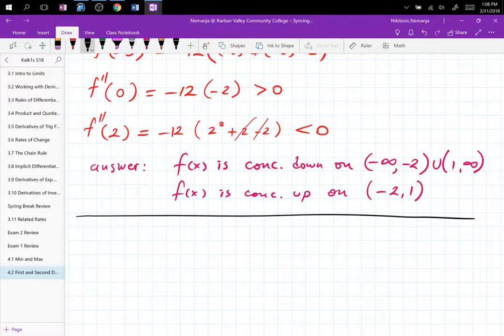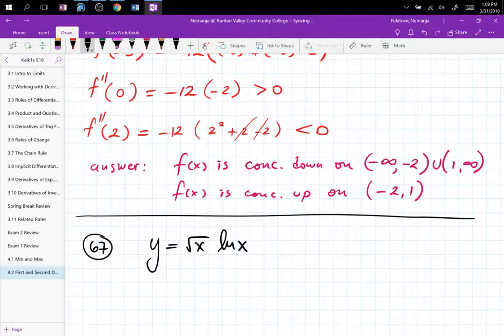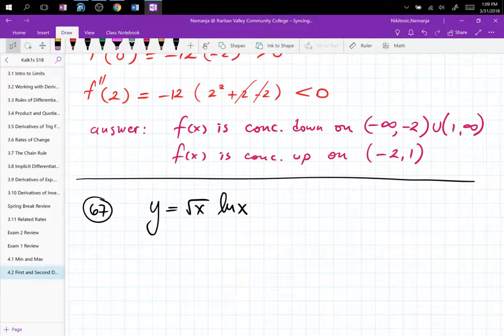The last problem for today, something nice. Square root of x times ln x. That's problem 67. Concavity. Well, that's the second derivative. So let's go. First derivative is, it's a product rule, right?